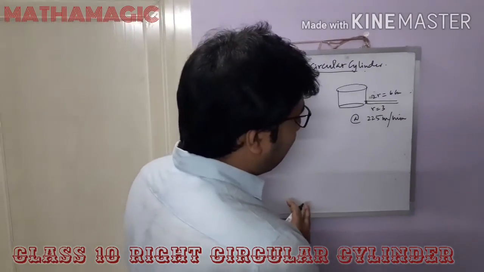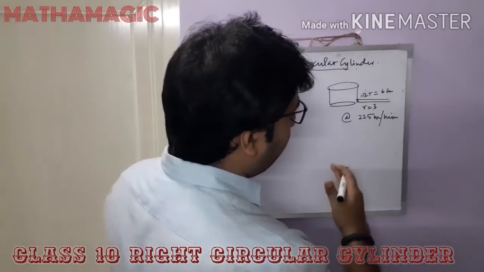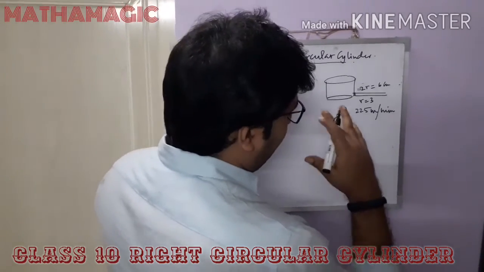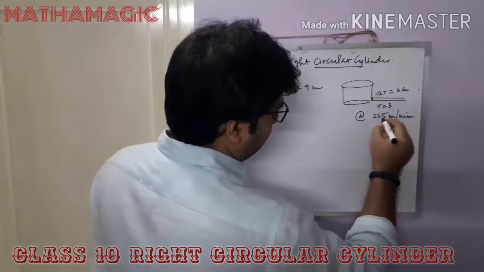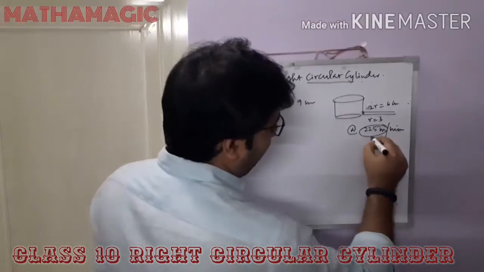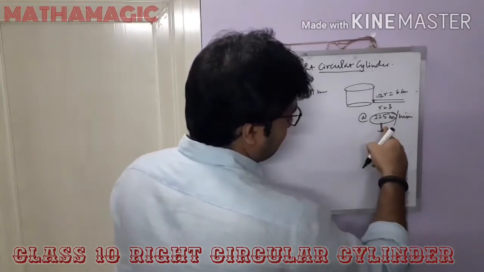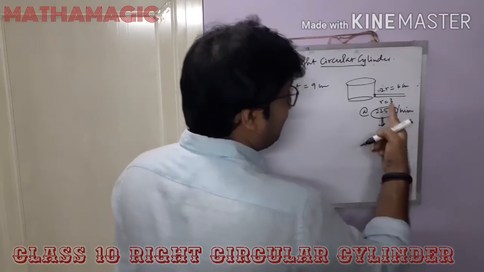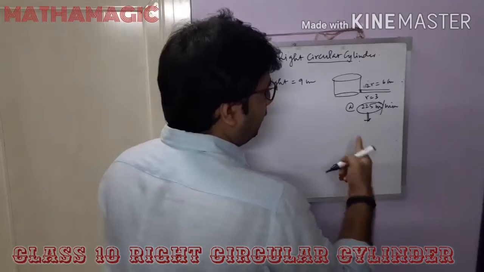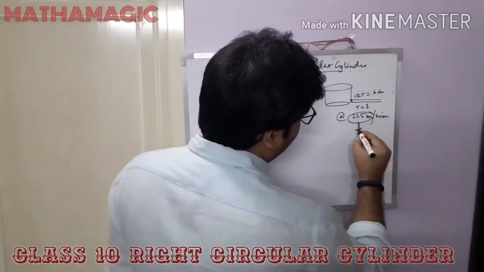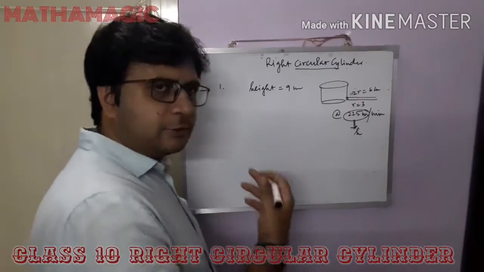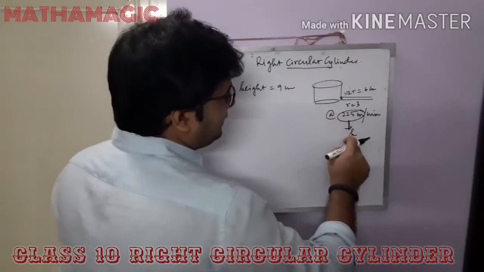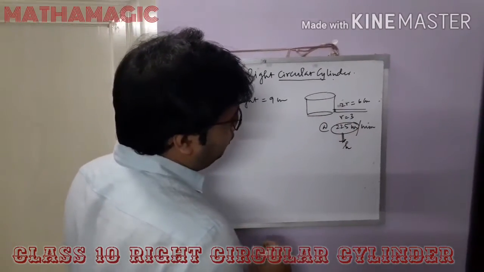In order to find that, we have to find the amount of water which flows through the pipe in 1 minute. So we take this 225 meter per minute, that is the length of the pipe in 1 minute. So 225 meter becomes the length or height, because the pipe is also a right circular cylinder, right? So we have got h and we have got r.